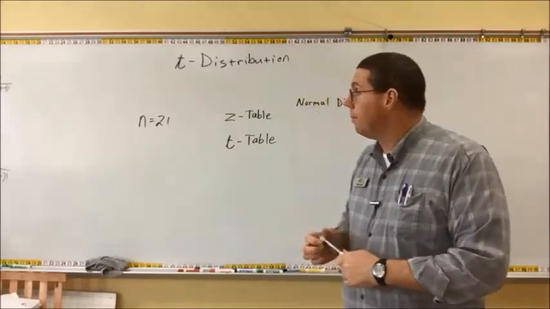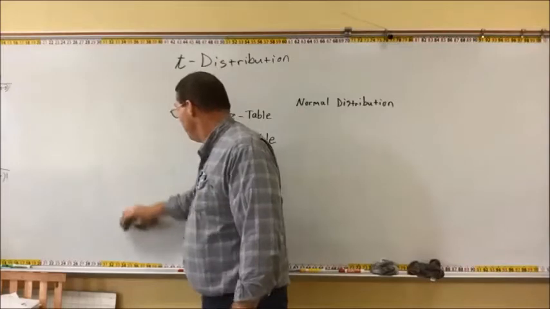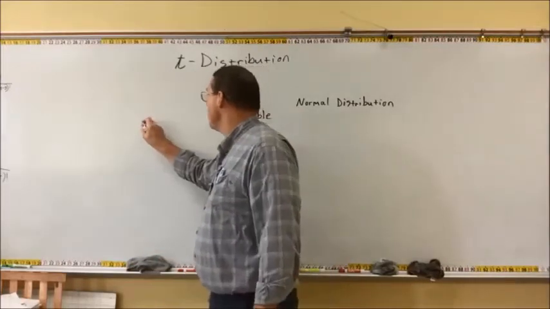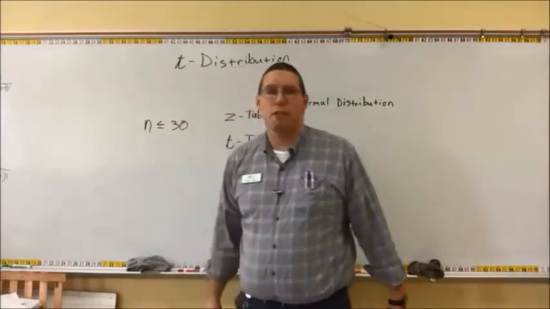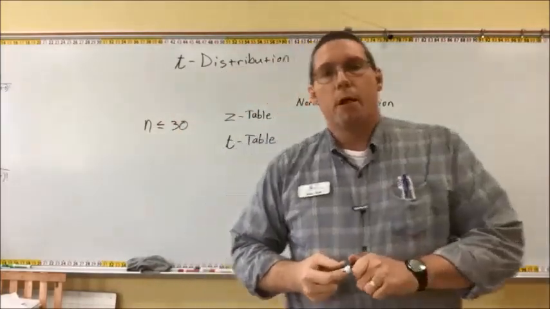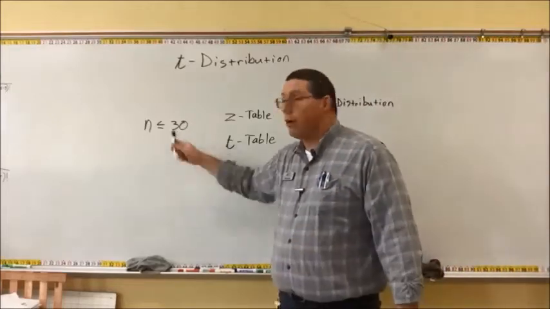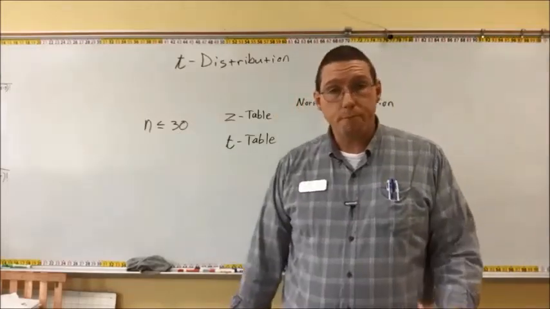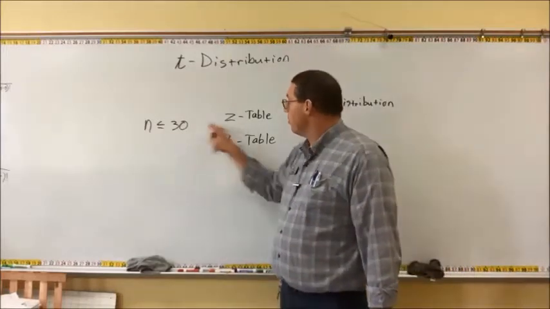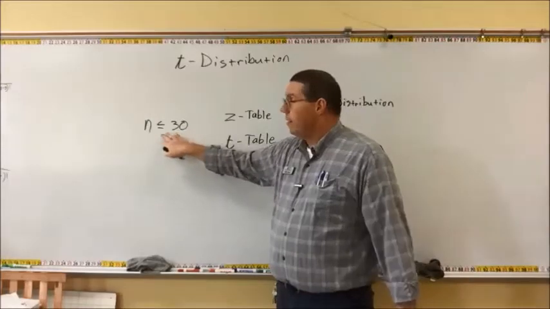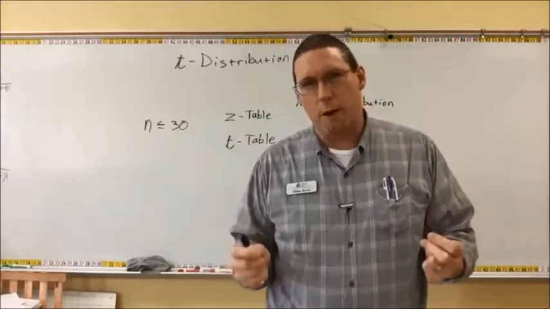And so we usually consider a small sample to be a sample size that is less than or equal to 30, or maybe just less than 30. I'm sure lots of statistics people can argue over what we should do with a sample size of 30. But generally speaking, you'll probably see somebody using the t-distribution if they have a sample size of 30.